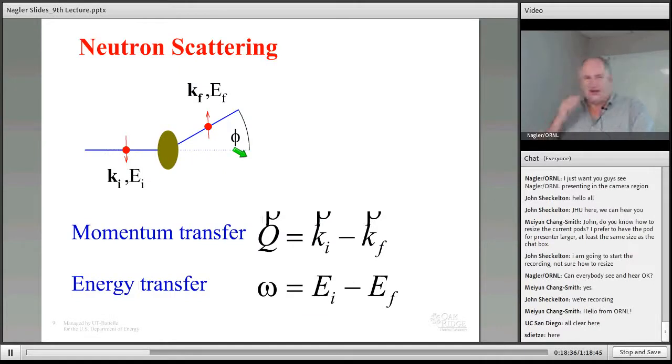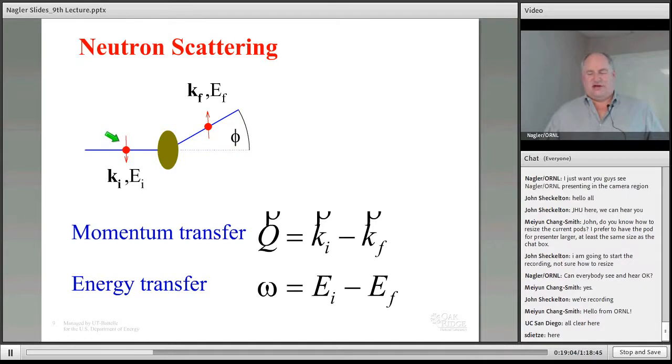Okay, here's a slide that got messed up in the transition from one computer to another, but it reminds you what the basic experiment we're doing in neutron scattering is. We take a beam of neutrons where we know the initial momentum, Ki, which is a vector, and the initial energy, E sub i, not a vector.